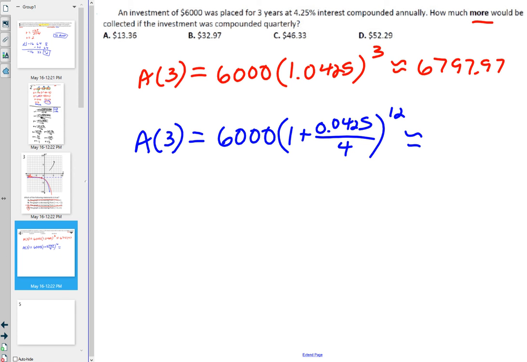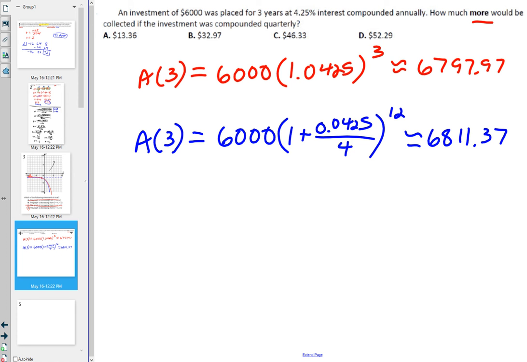Oh no. I got 6811.37. So if you subtract those two, what do you get?